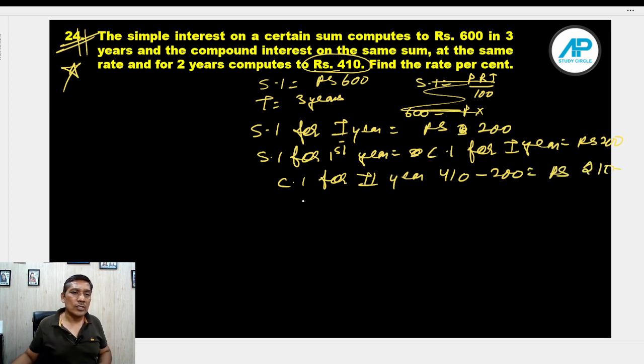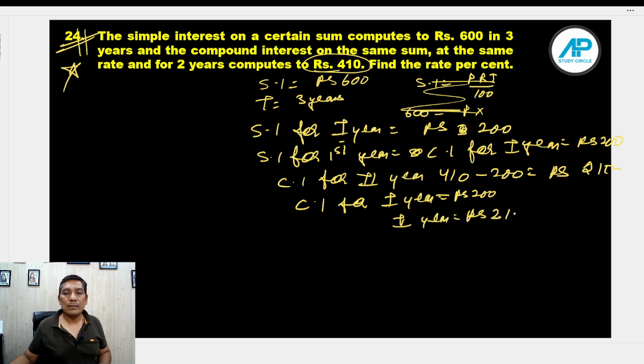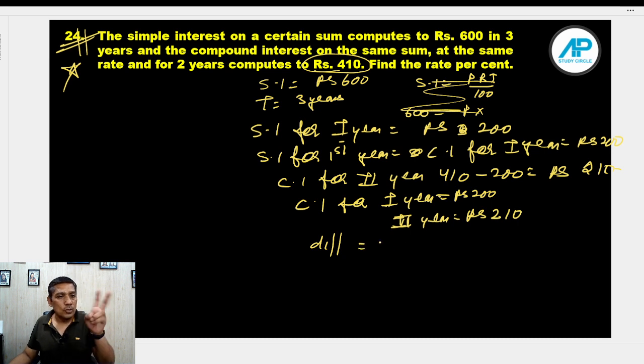I got the value 210. So I got two values now. CI for first year is 200, and for the second year, 210. Question becomes the same now: difference of compound interest for 2 consecutive years.